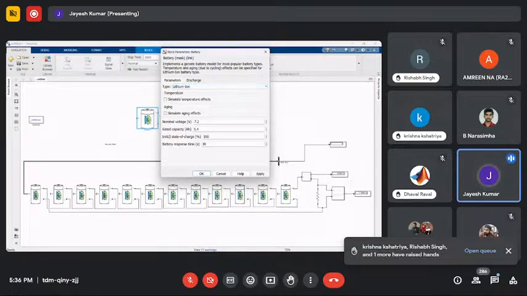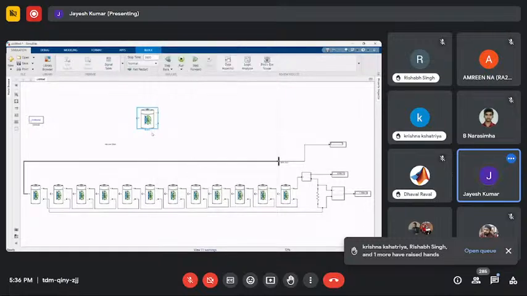The battery nominal voltage is 7.2, already given, but we are using lithium-ion battery. Lithium-ion batteries mostly give 3.7, 3.8 volt as a nominal voltage. So I choose 3.7 volt and take 20 ampere-hour for this single cell.